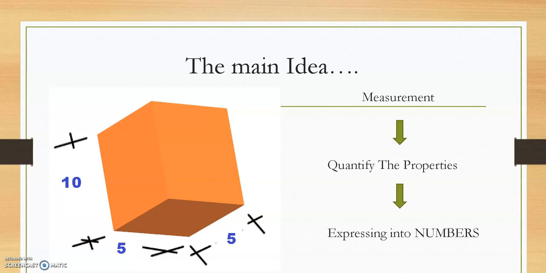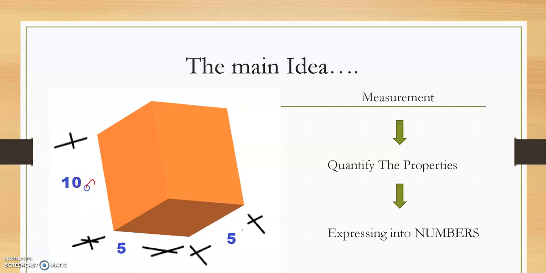So say for example, as you can see here on our screen, the cube has a height of 10, and then we also have length and width as 5. Now, those numerical values are not enough in terms of measurement specifics. Again, as I've said a while ago, you need to provide a unit.